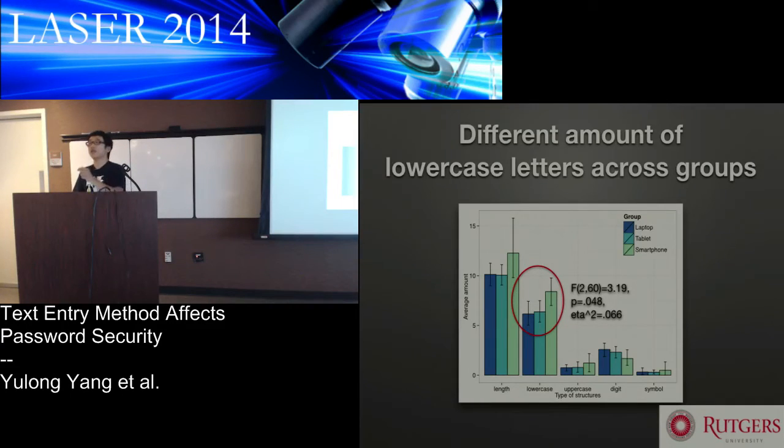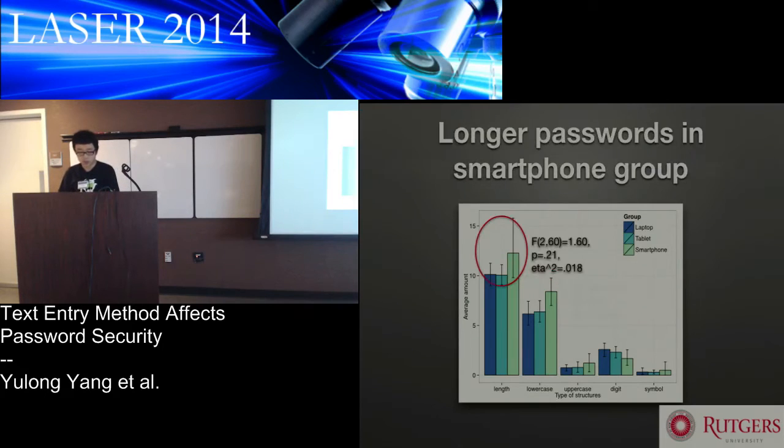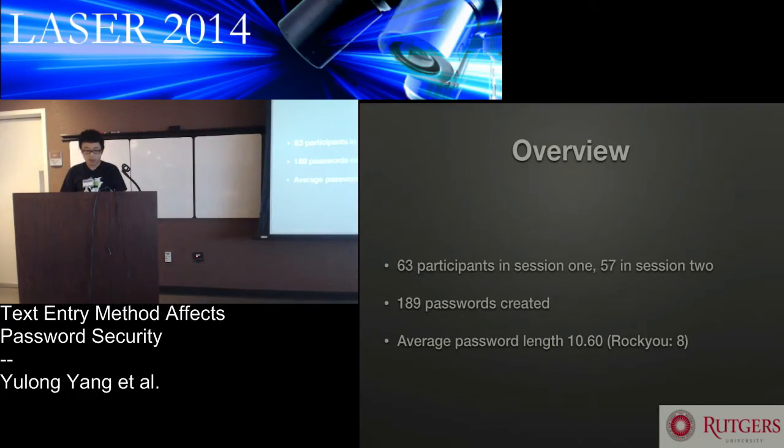And also for the lab study, yes. Remember we talked about this. The average password length in our study is almost 3 characters longer than the actual password data set. So we believe that in a lab environment, under supervision, people actually paid extra effort to this particular task. They think this is important. So that's one reason we get longer passwords.